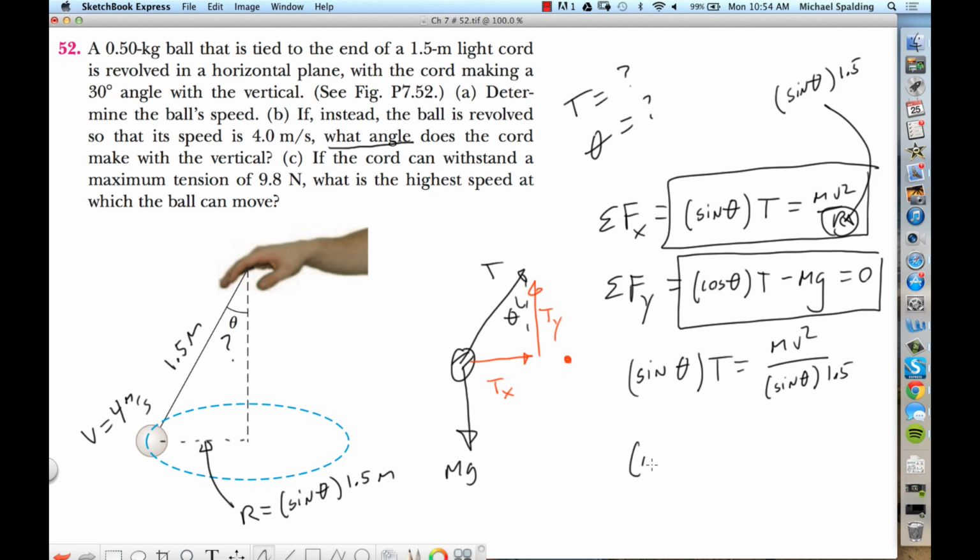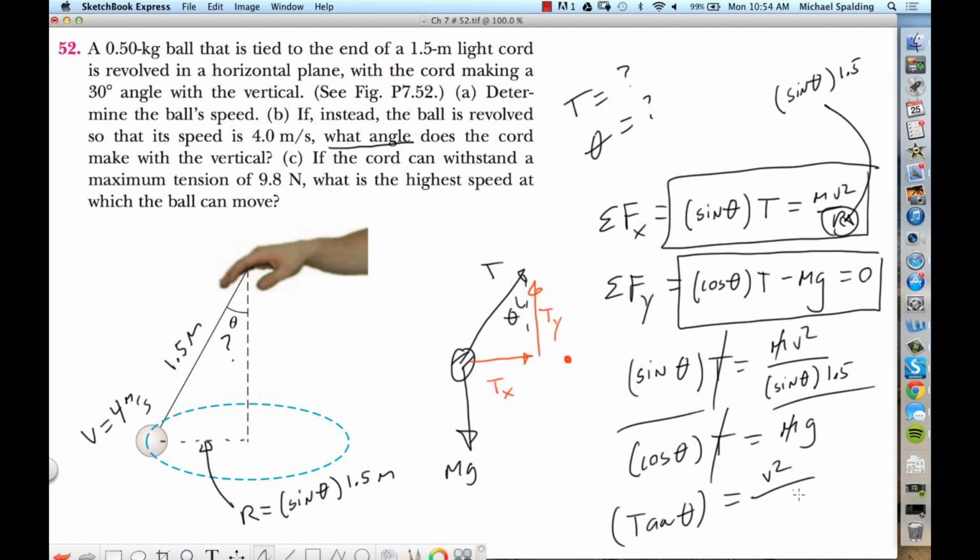Then here's the other equation, cosine theta T equals mg. So now divide the two equations. The T's cancel, the m's cancel. Sine over cosine is tangent. So you got tangent theta equals v squared over g sine theta 1.5.